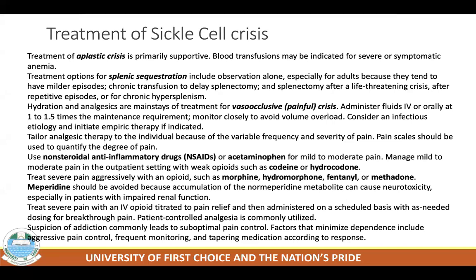Meperidine should be avoided because accumulation of normeperidine metabolites can cause neurotoxicity in patients with a vaso-occlusive crisis. Treat severe pain with an IV opioid titrated to pain relief. Lord, what's the name of this one?